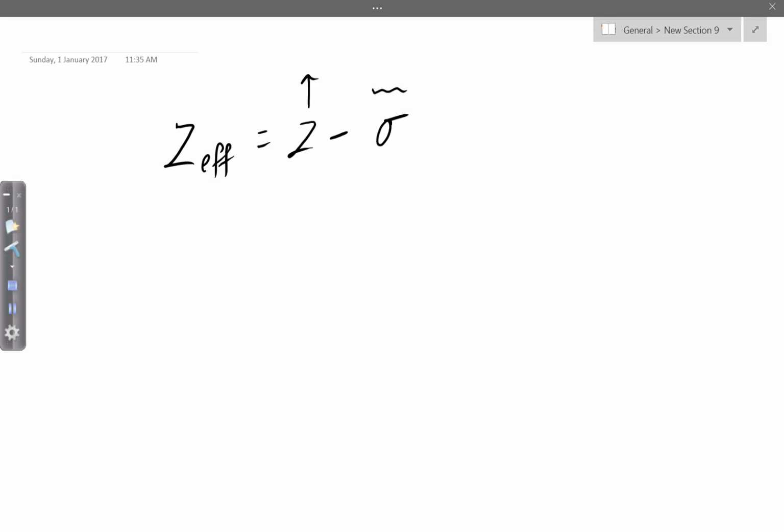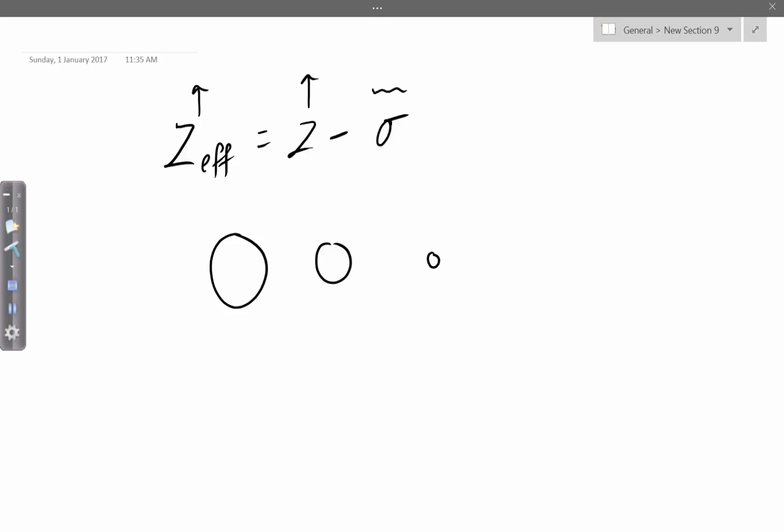This is your atomic structure, right? So Z effective increases across the period, which means electrons are more tightly bound, which means your radius will be smaller. And this is also a reason why electronegativity increases: because Z effective increases, you can pull electrons more strongly to yourself.